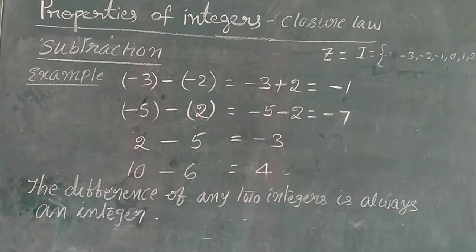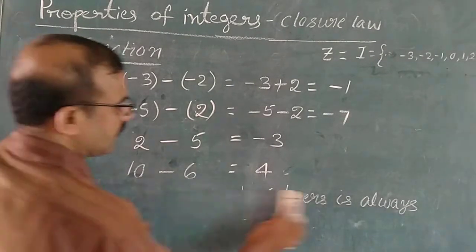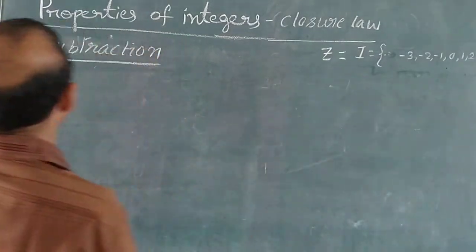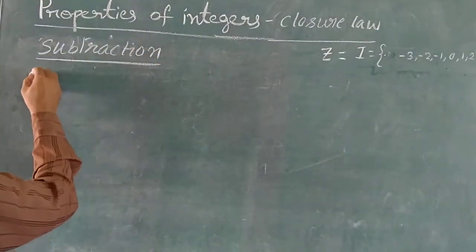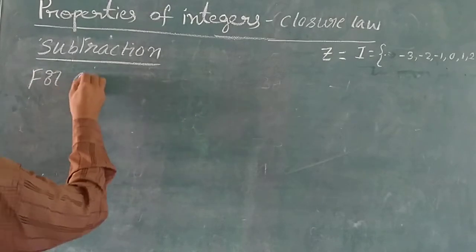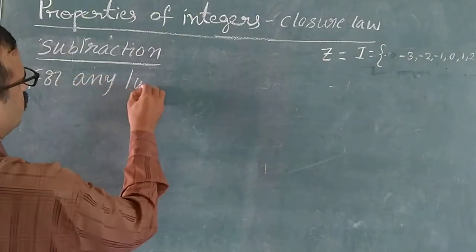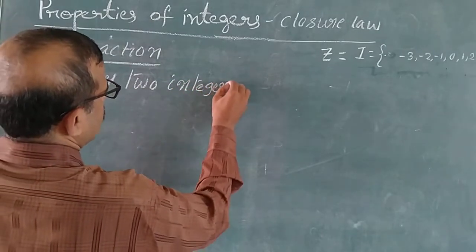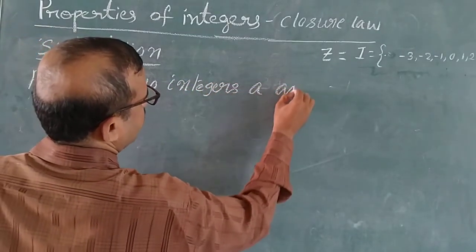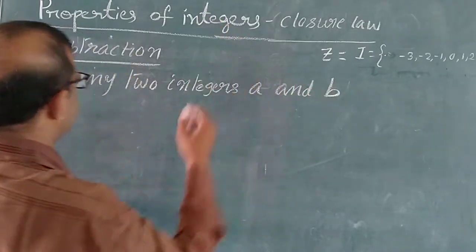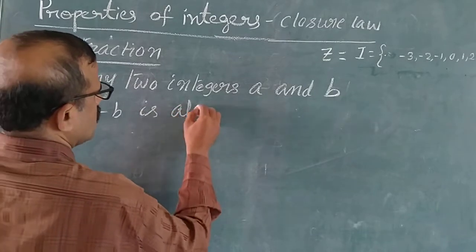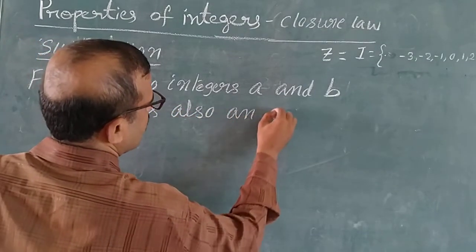We can write it in another way also. For any two integers A and B, A minus B is also an integer.